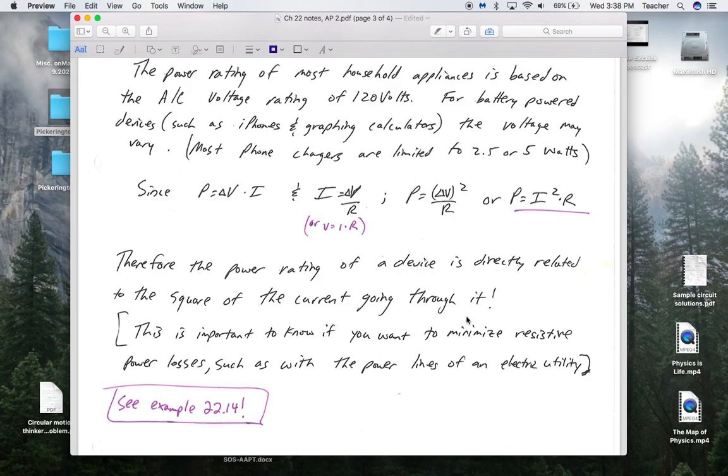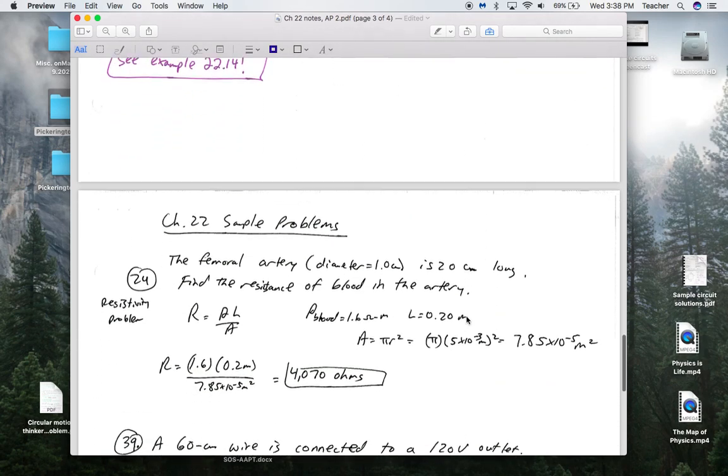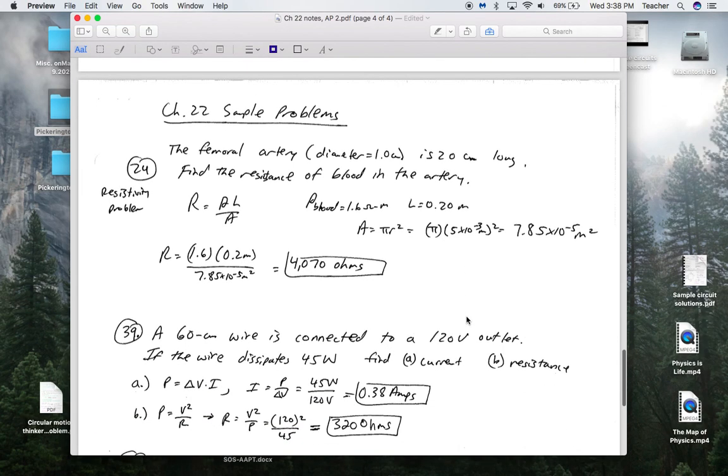And that's important to know because if you want to minimize resistive power losses, such as with giant power lines that go halfway across the country, you want to have low current going through them. So the way we do that, as an example on page 22.14, is to have high voltage, low current. And that's done through the use of transformers, which is something we'll talk about later.